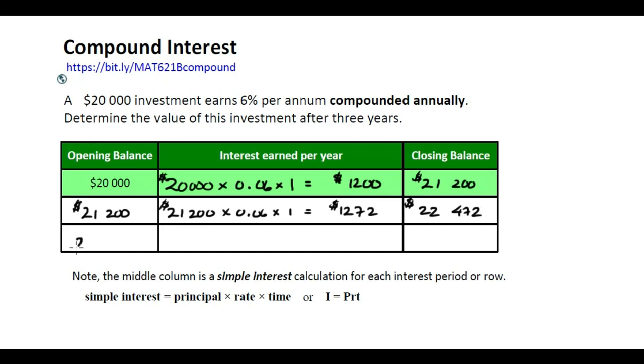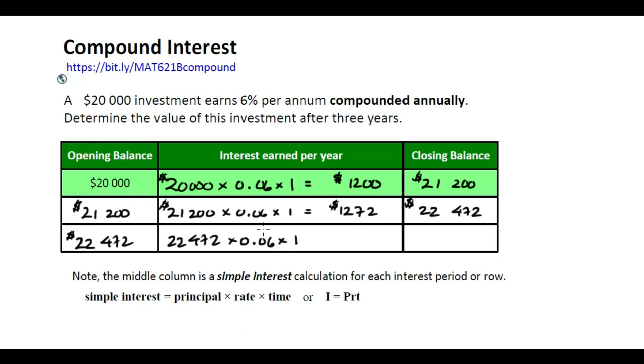So now our opening balance at the beginning of the third and final interest period, or year number 3, since the interest period is a year in this first compound interest example, we're now going to earn 6% on $22,472. And I'm still taking a second here to say, how long is this accruing interest for? Yes, 1 year.